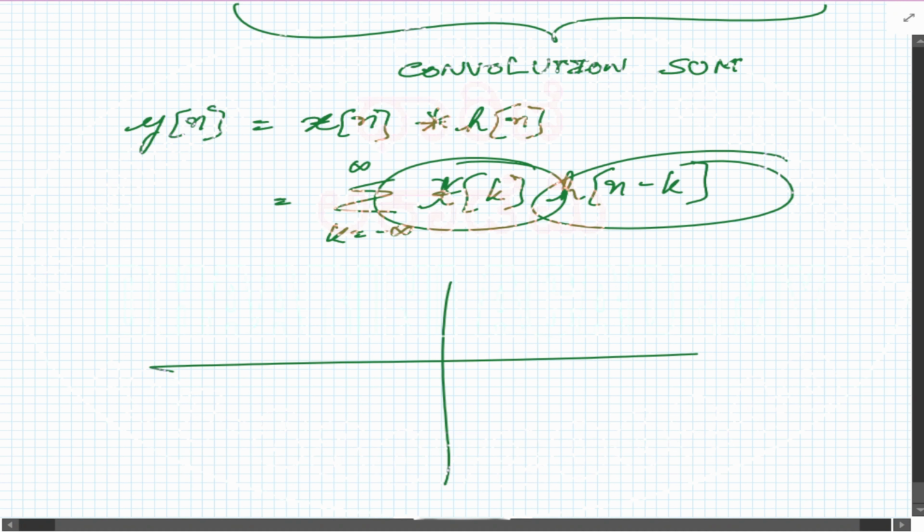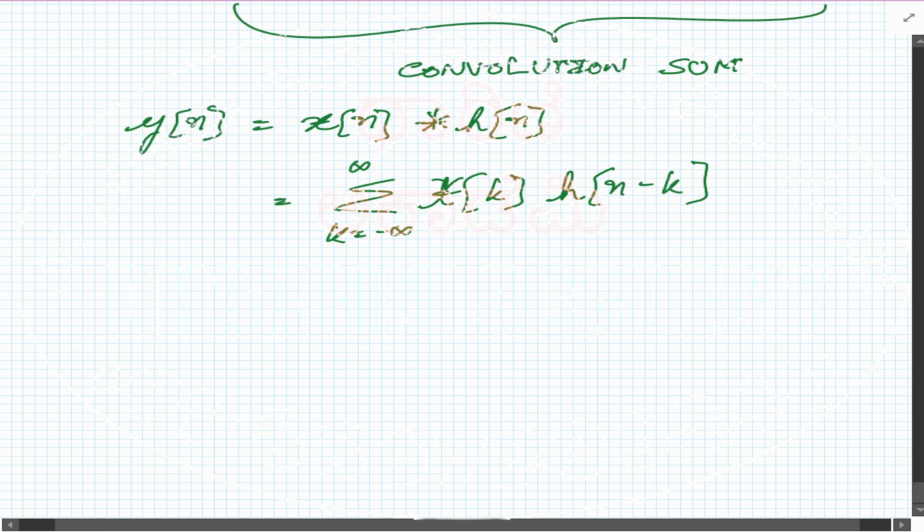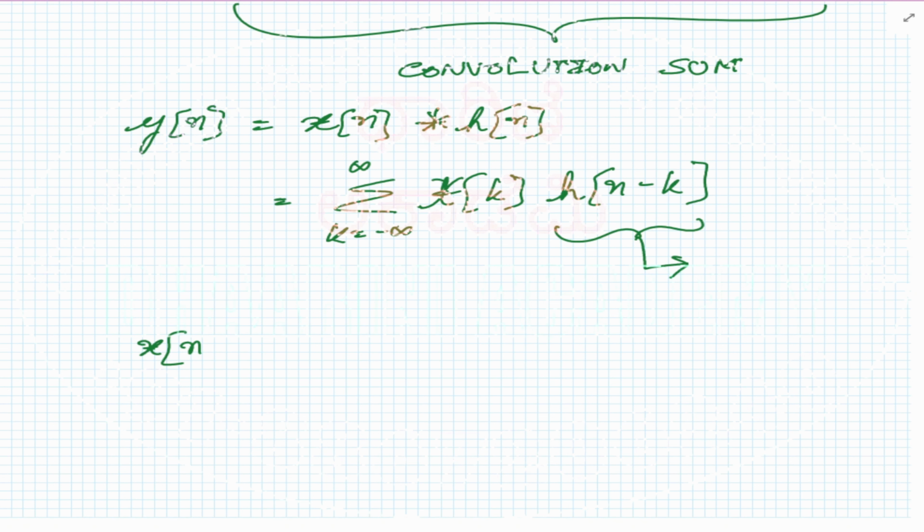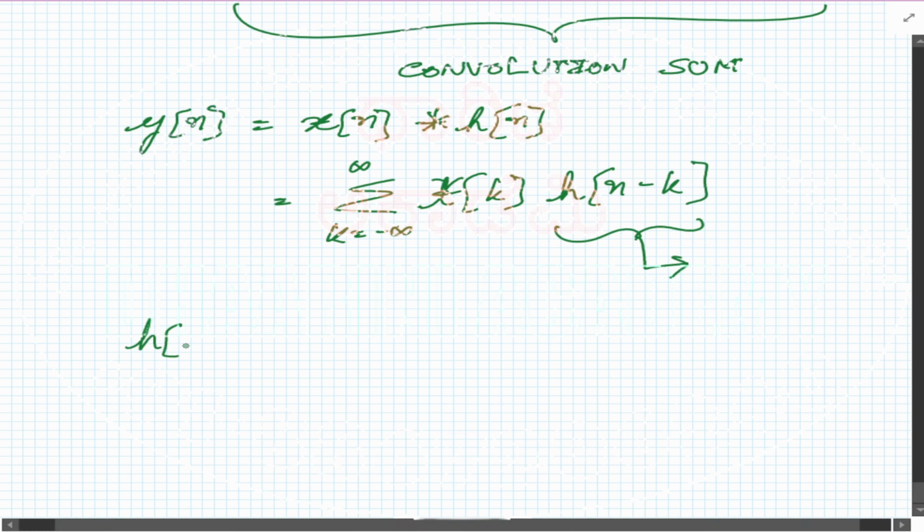Now I will bring another concept in the middle, just because I have h of n minus k in place. What are the operations you see over here? Let's assume I have x of n, or I'll make it more simple, I'll stay in the same domain. I don't want to change the domain. Let me write h of k. Let's say I start with h of k. If you convert h of k into h of k plus n, what is this operation? This is a shifting operation, correct?